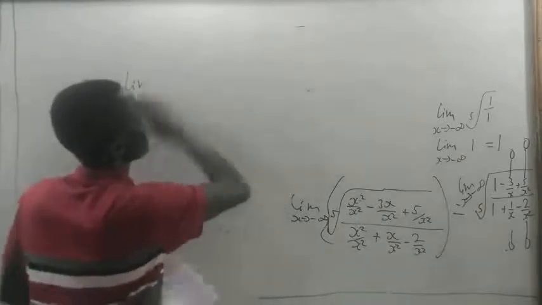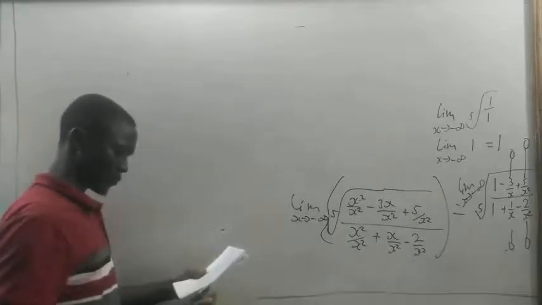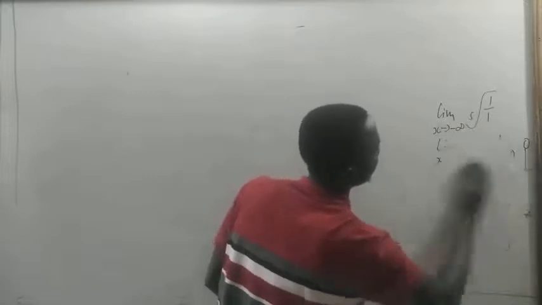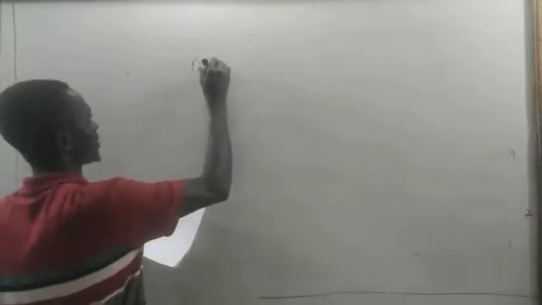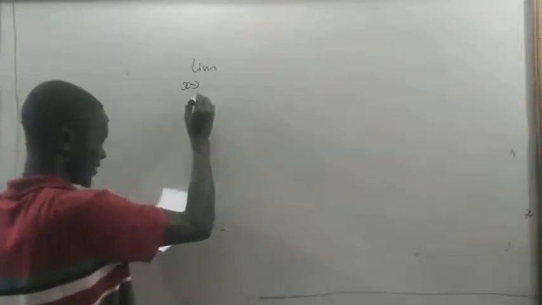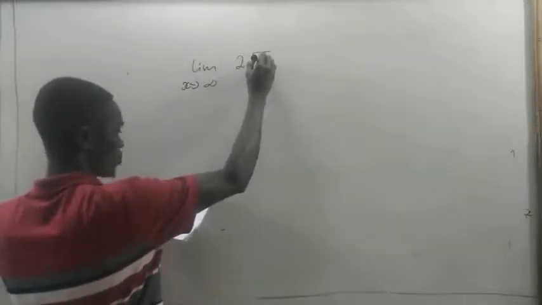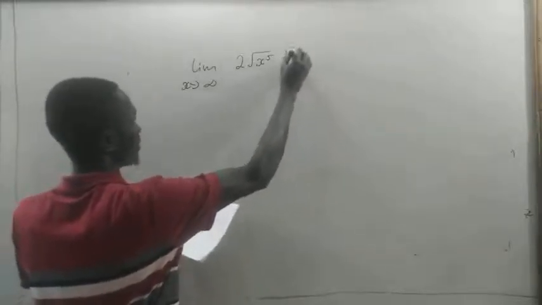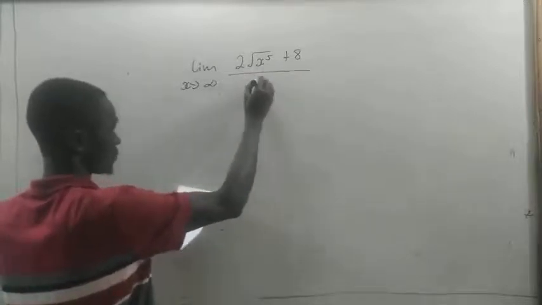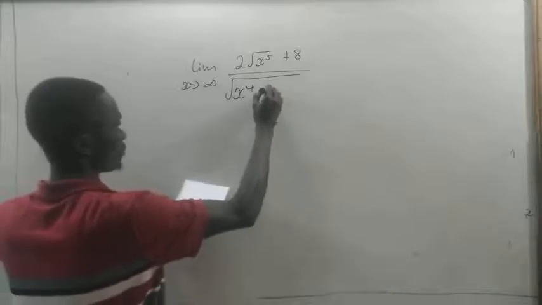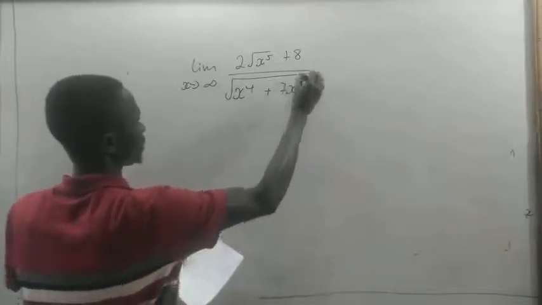Okay, so this will be the last example that I have here. Let's look at this one. I have the limit as x approaches infinity of 2 times the square root of x to the power 5 plus 8, divided by the square root of x to the power 4 plus 7x to the power 5.